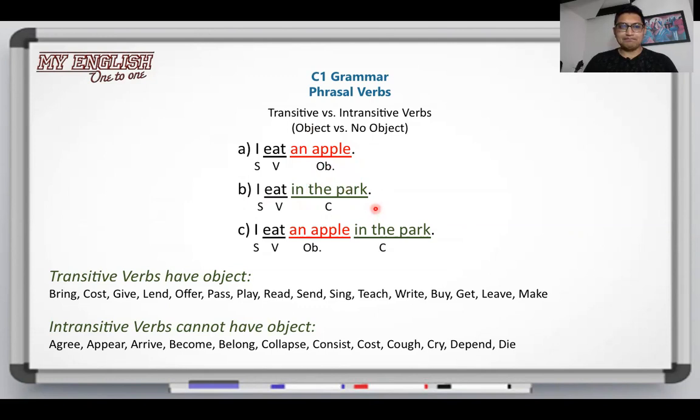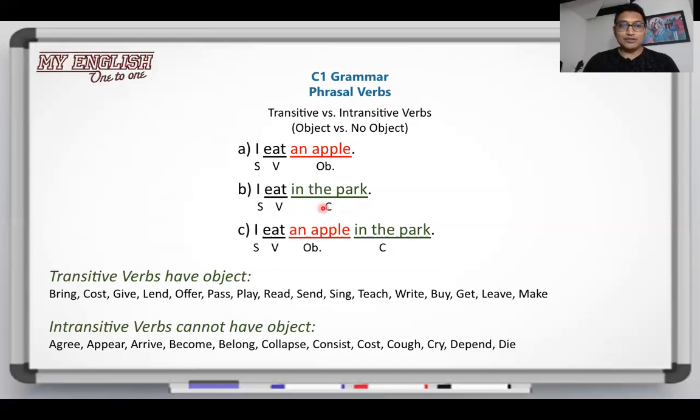Why? Imagine that you go to a park and you eat an apple. What happens to the park? Basically, nothing. Therefore, the park is not transformed or altered by the action. Okay, therefore, in the park is a complement. It is not an object.